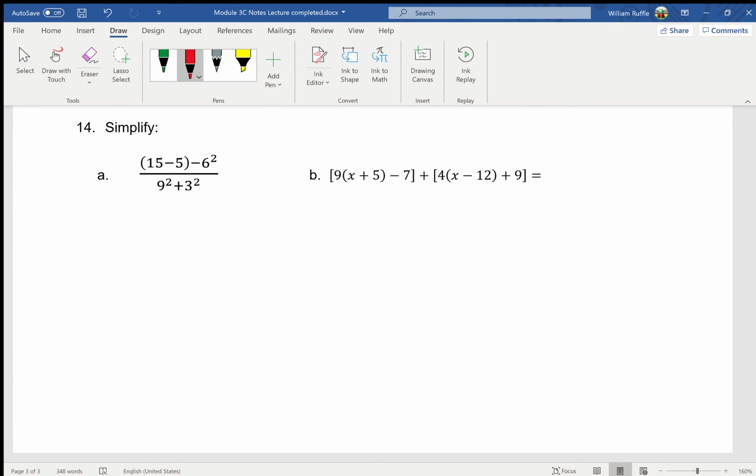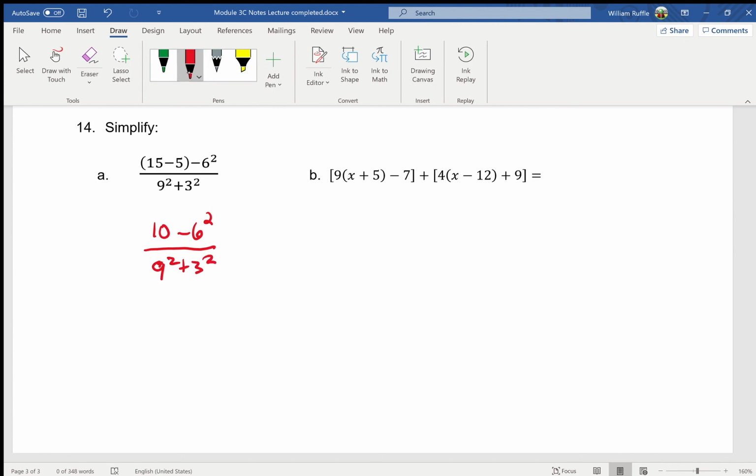So I have to do the parentheses first. So it's 10 minus 5 minus 6 squared. Whoops. Sorry, that was terrible. Let me try this again. That was off. 15 minus 5 is 10, so it's 10 minus 6 squared, all over 9 squared plus 3 squared.